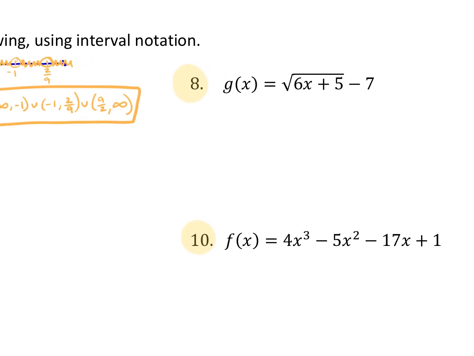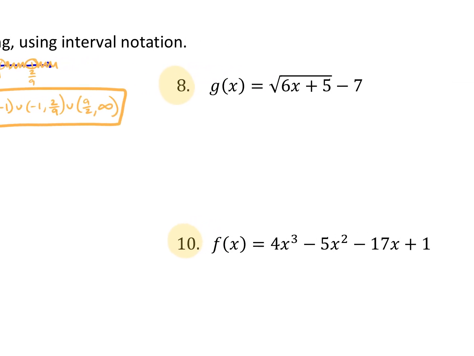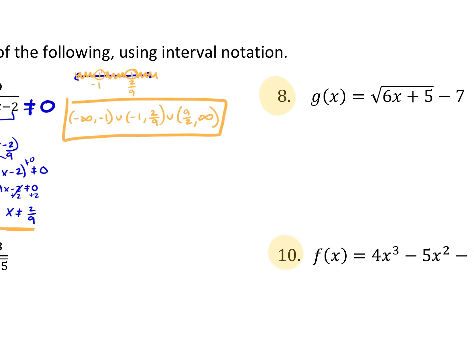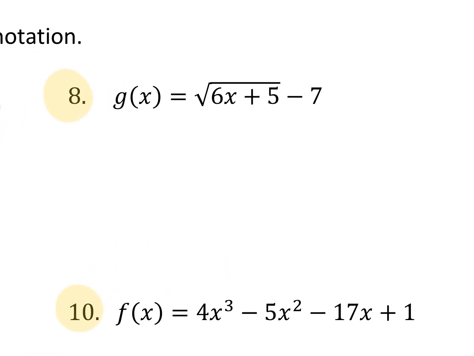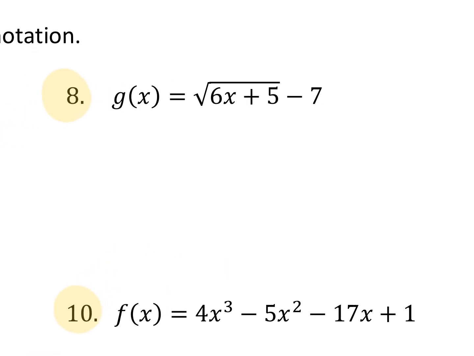All right, let's do number 8. So here we have a square root. To find our domain, we set whatever's under the square root greater than or equal to 0. So we have 6x plus 5 is greater than or equal to 0.